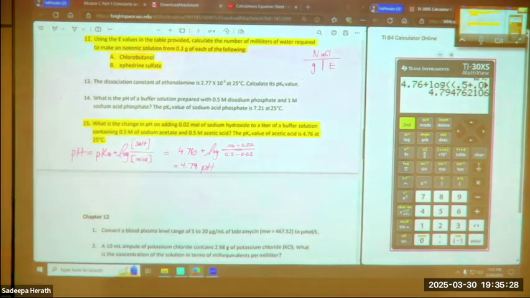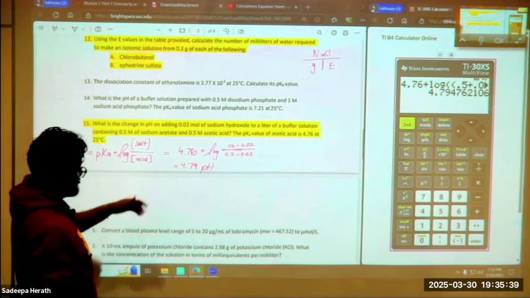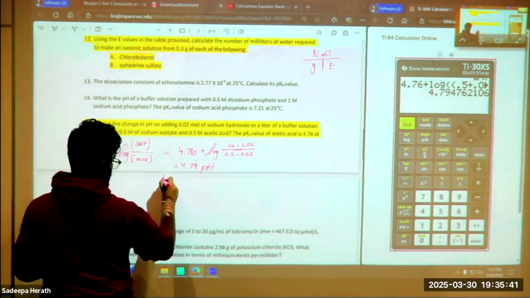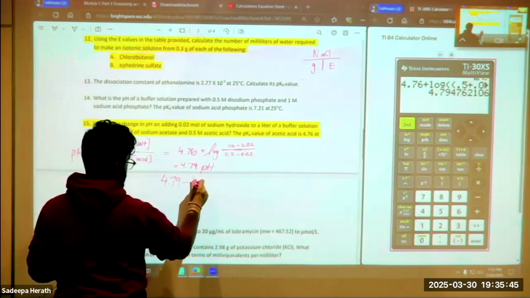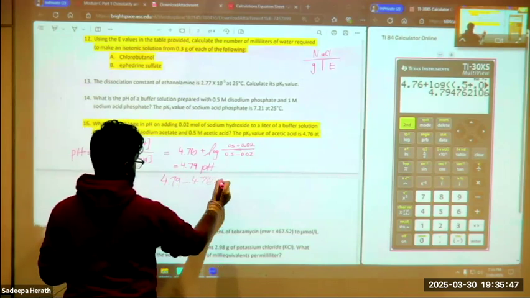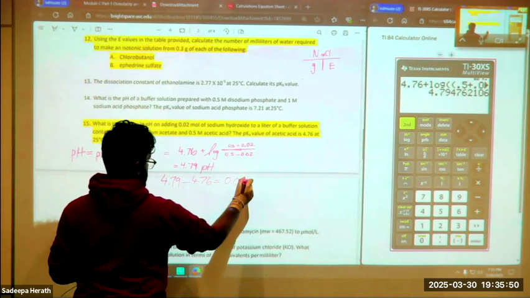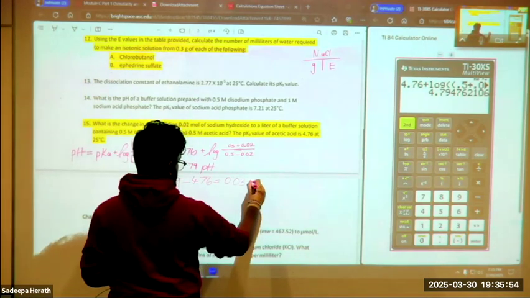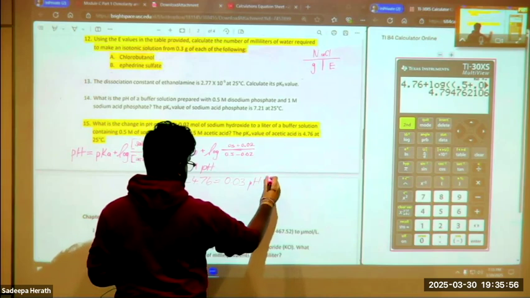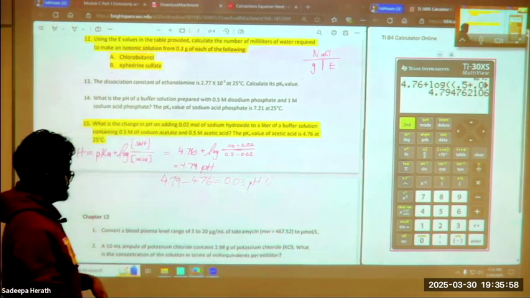Okay, so we get that, but that's not what the question is asking for. The question is asking for the change in pH. So we see it increased: 4.79 minus 4.76 equals 0.03 pH units.